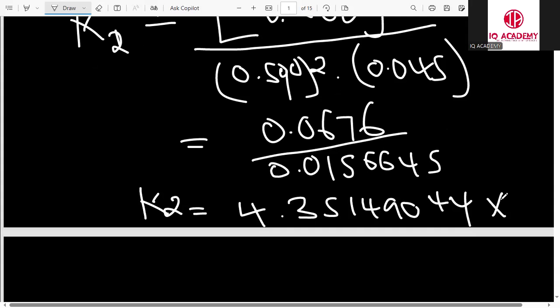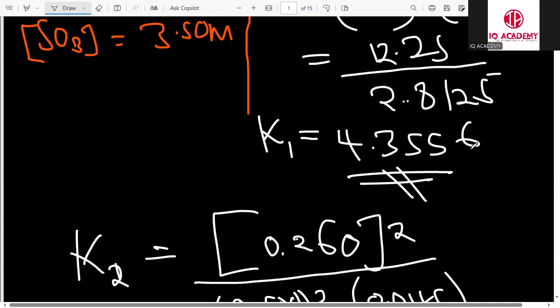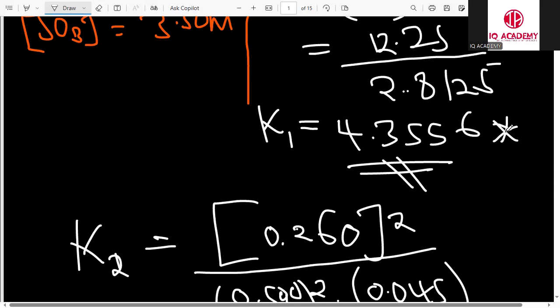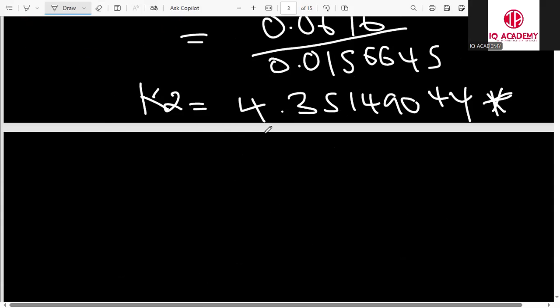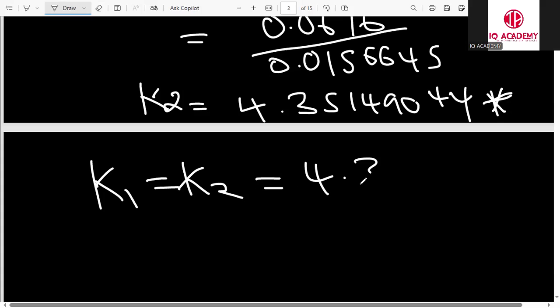So you compare now this K2 that we found here and the K1 that we found here. You can see that the answers are similar, right? This is 4.35, and this one here is also 4.35 something. So we have found that our K1 is actually equal to our K2, if you round it to 2 decimal places, 4.35.